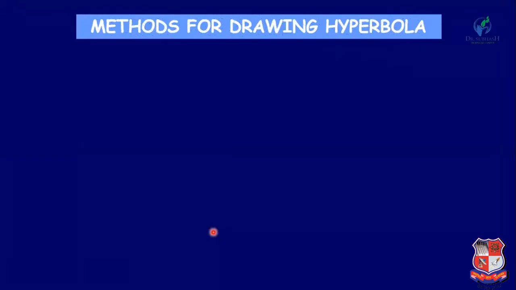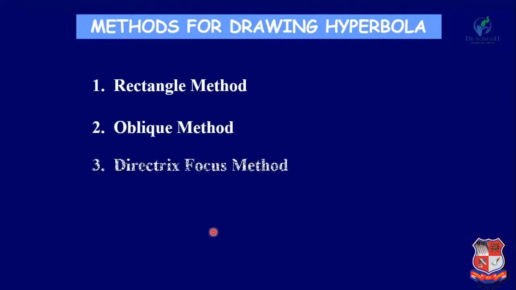Now, methods for drawing a hyperbola. So you know that in a hyperbola the eccentricity E is greater than 1. Now the different methods for hyperbolas are the rectangle method, the oblique method, and the directrix focus method. Okay, now let us see one by one.